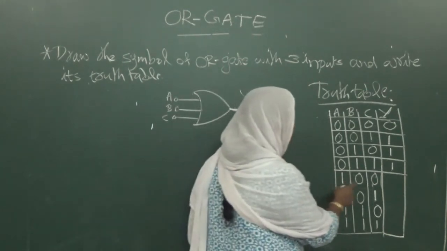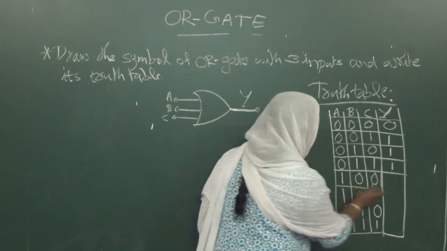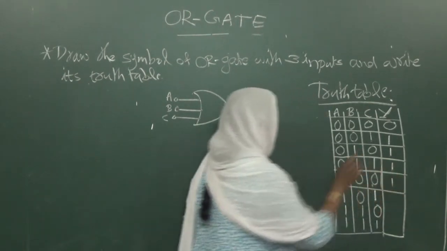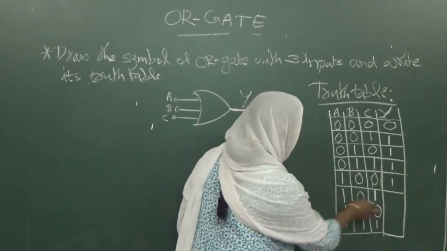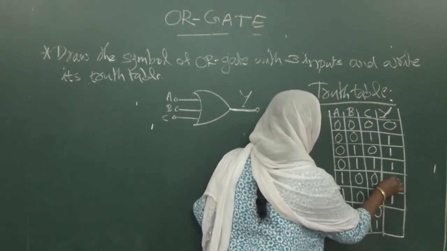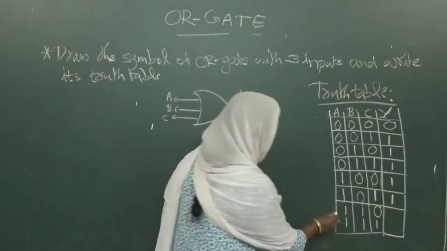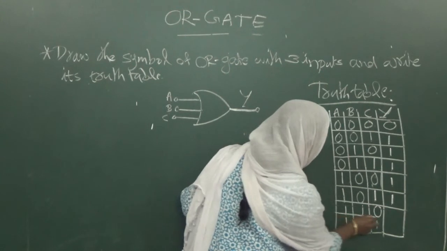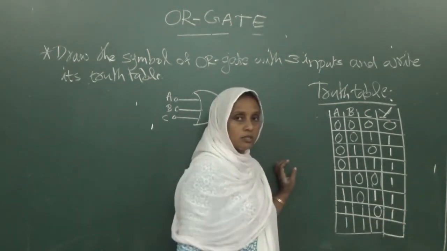Then comes 1, 0, 0. Here one input is high. So you get high output. Then comes 1, 0, 1. Here 2 inputs are high, so we have one output high. Then comes again 2 inputs are high and so high output.